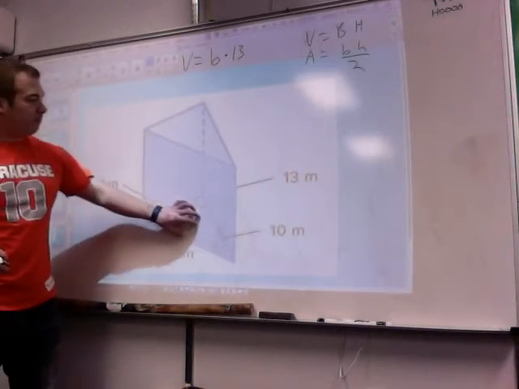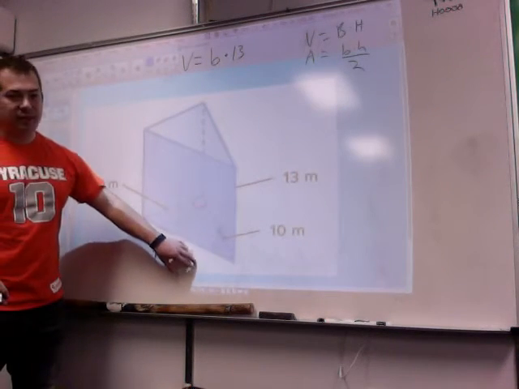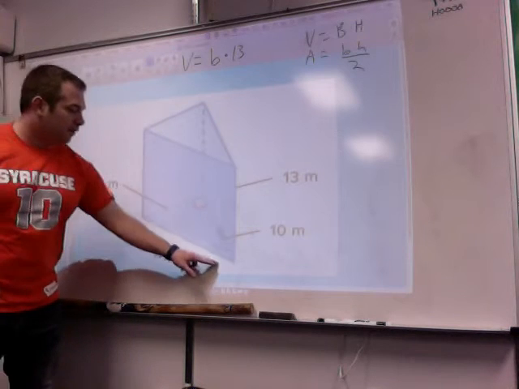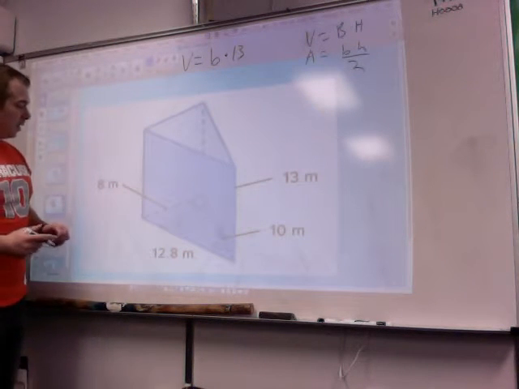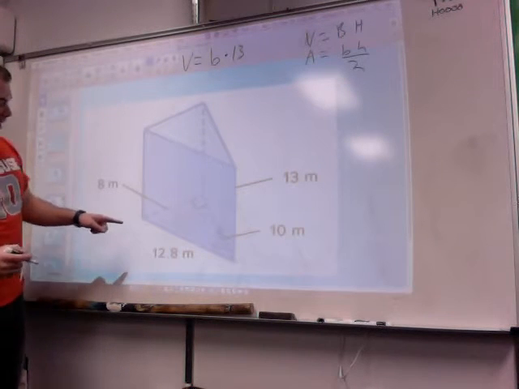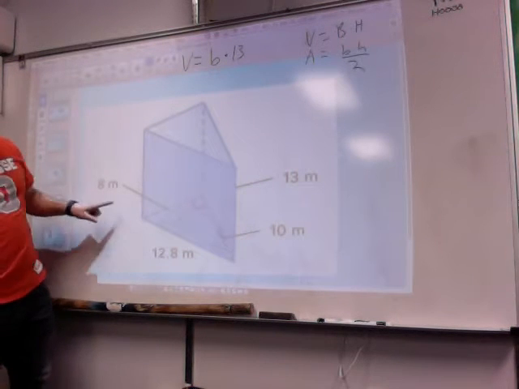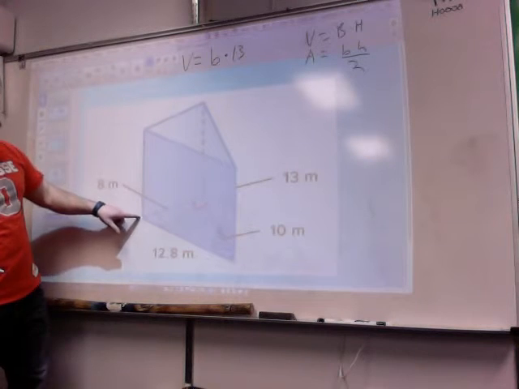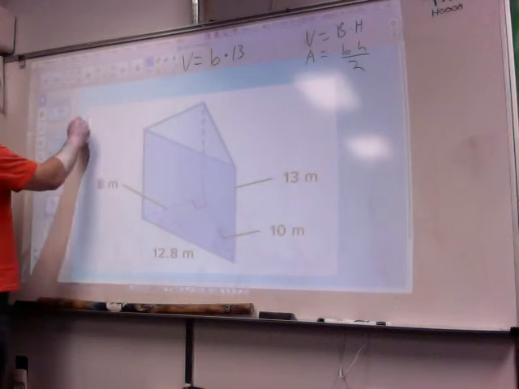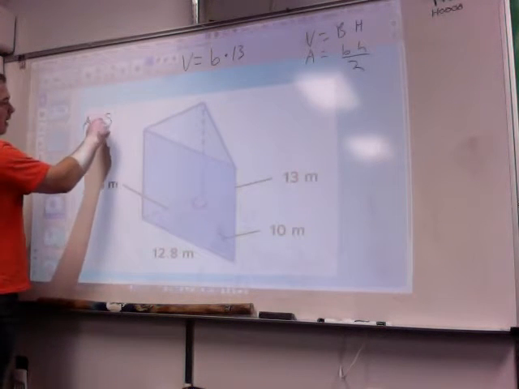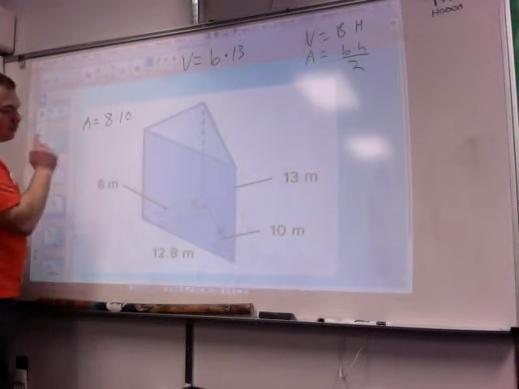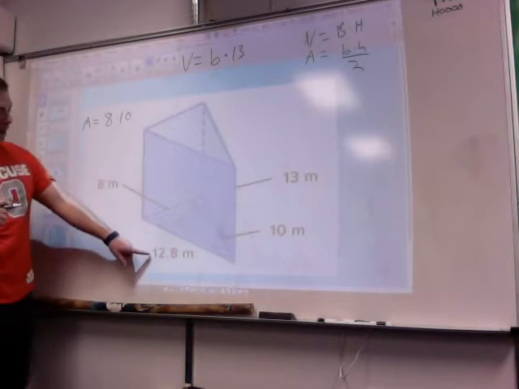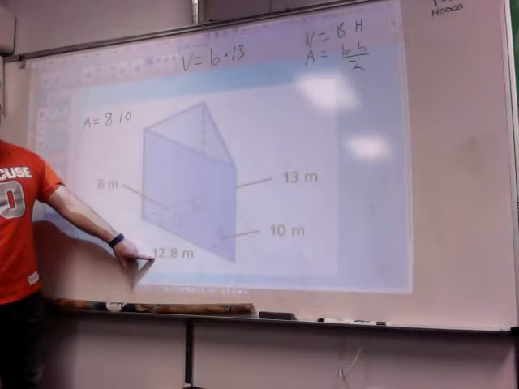Now I need to find my base, which is, like I said, the area of the bottom triangle. So let's see. It looks like a base of 8. So to find my area, it equals 8 for my base times 10 for my height. Now that's just, I think, extra information that we don't really need right now.